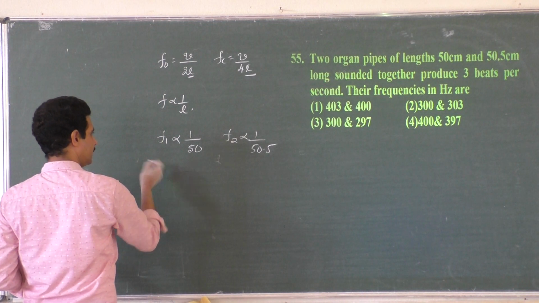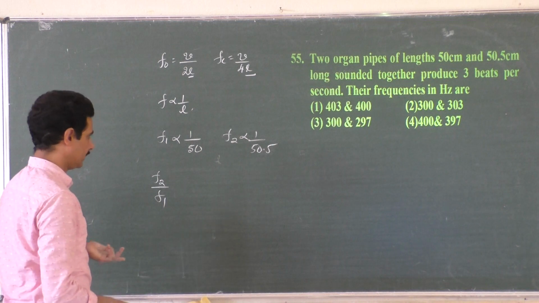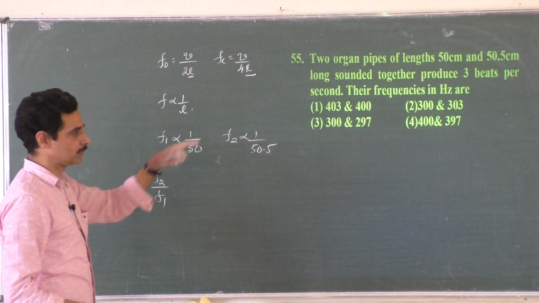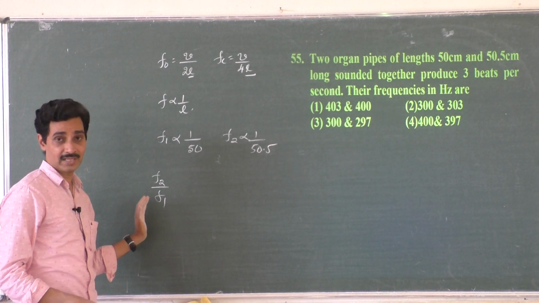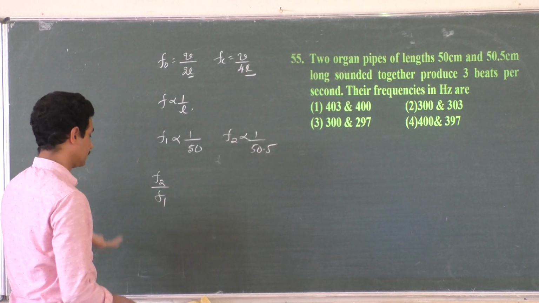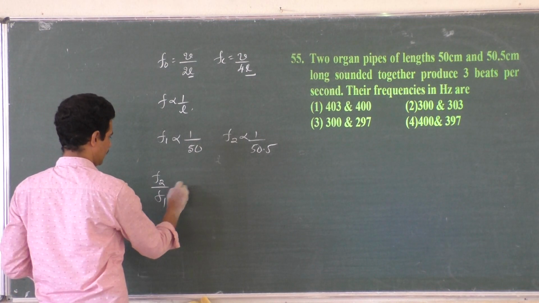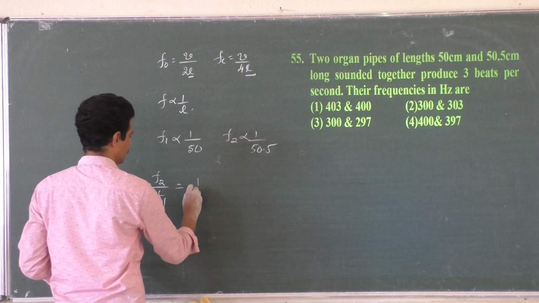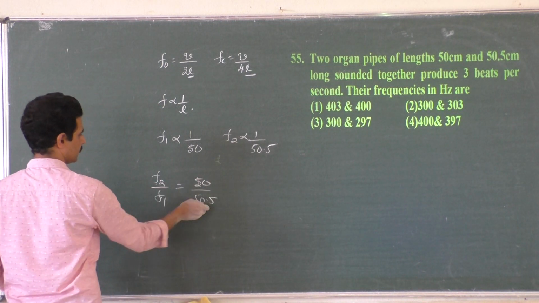Now F2 by F1 I will make, because I want F1 minus F2 to be 3. I want to substitute that somewhere here, so that the solution becomes easier. F2 by F1 is equal to 50 over 50.5, F1 is 50, F2 is 50.5.